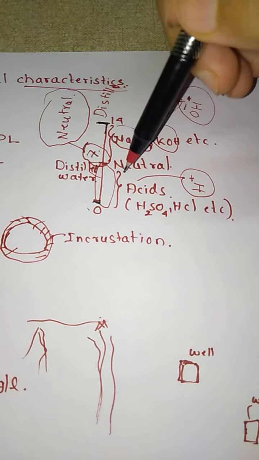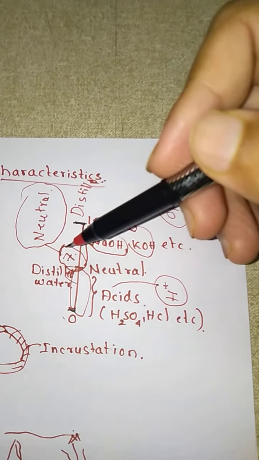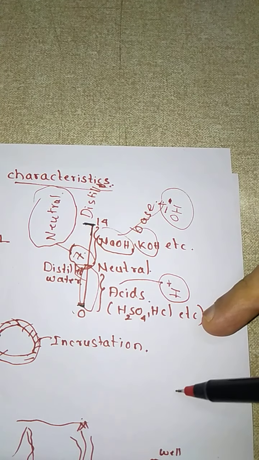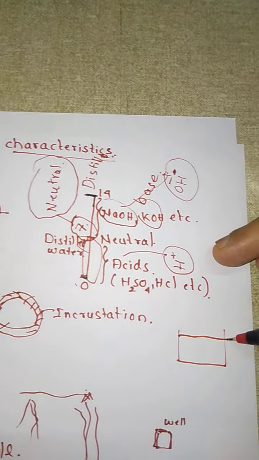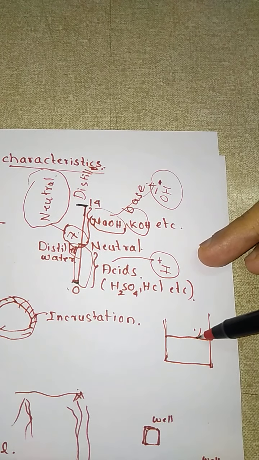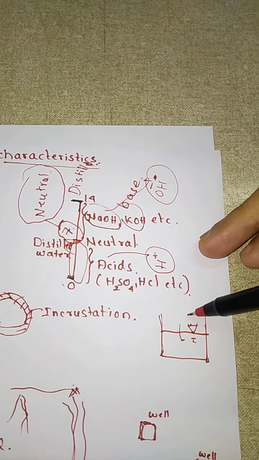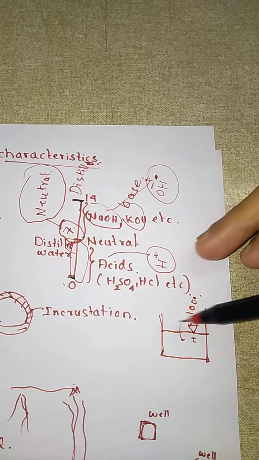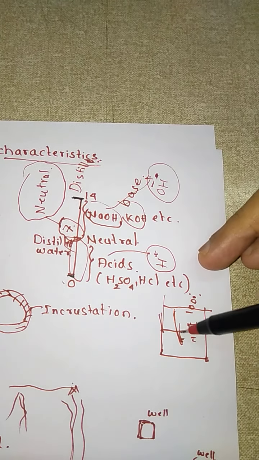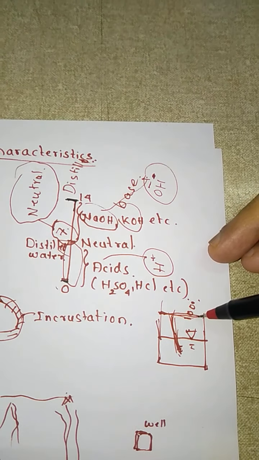Now, what is this distilled water? If we take water in a container and heat it at a temperature of around 100 degrees Celsius, then we get evaporation. The water evaporates.